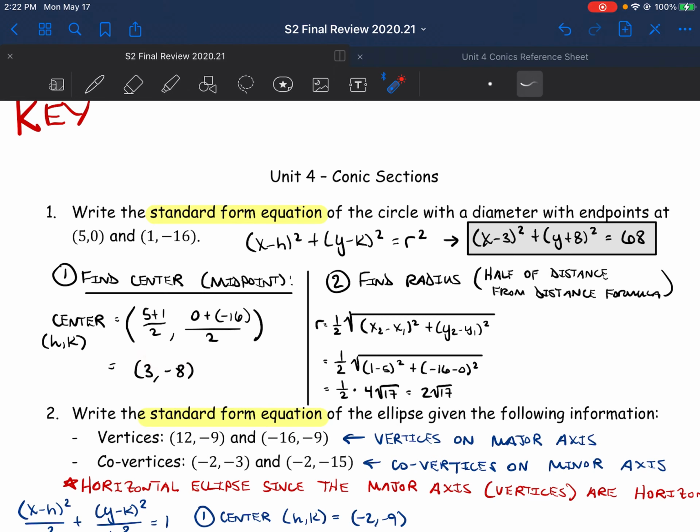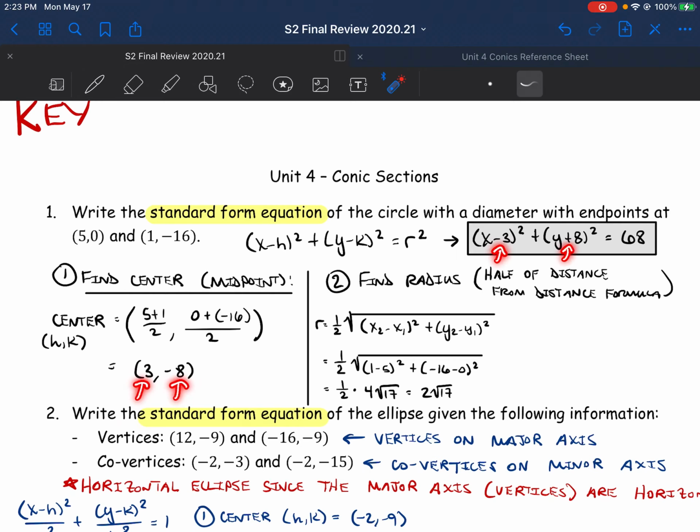You can see that I went ahead and plugged them in here, 3 and 8. Remember that in this formula, h and k need to change signs because of these minus signs. Those negative signs are changing the signs. So even though the x-coordinate of the center is 3, it'll be x minus 3. And even though the y-coordinate of the center is negative 8, it'll be y plus 8. We can see those signs are changing.